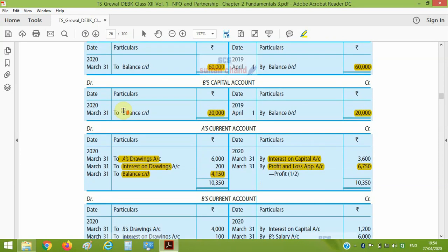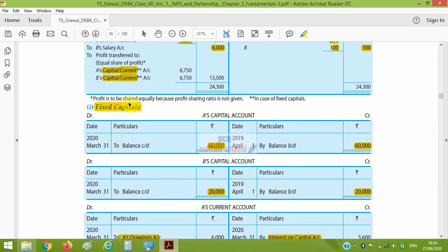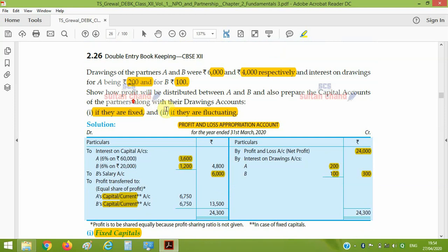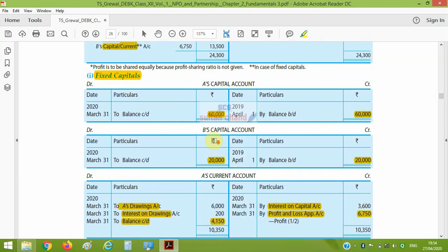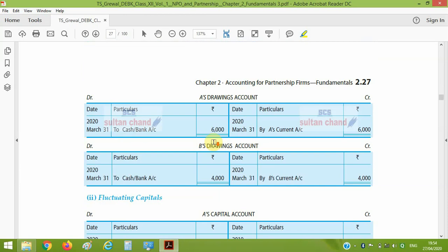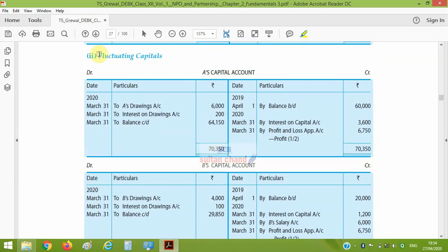Suppose, as given in the question, we are preparing accounts on the fluctuating basis, capital account on fluctuating basis. Then under the fluctuating system, A's capital account will be like this: opening balance 60,000, whatever the partner received from the firm, interest on capital, credit side, profit share on credit side.